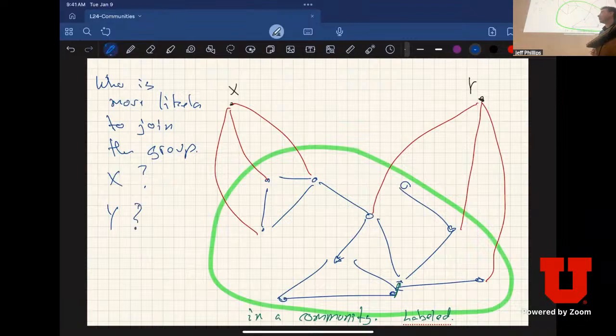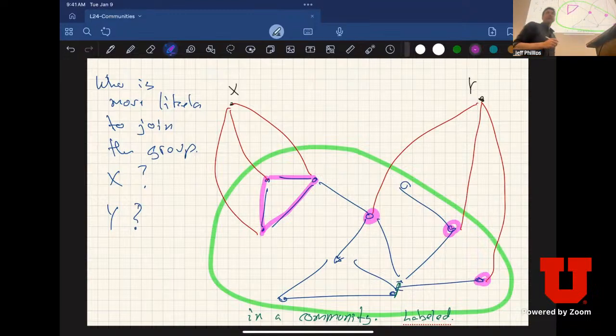Now the structural difference I wanted to look at here is that they both have 3 friends in the group, but they haven't officially joined the group yet. X's 3 friends are all friends with each other, whereas Y's 3 friends all have other friends in the group, but they're not friends with each other.